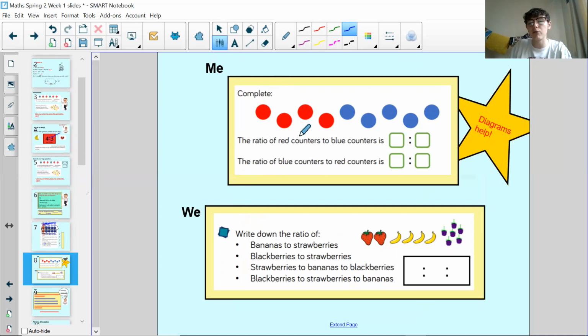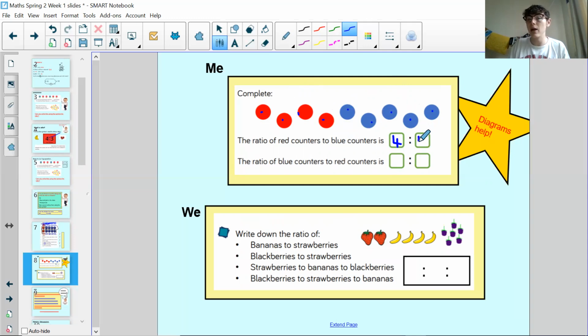So the ratio of red counters to blue counters is, so let's count our red counters. 1, 2, 3, 4. So I'm going to straight away put 4. It's a bit confusing, my pen's blue, I know, but just ignore that. So the ratio of red counters to blue counters is 4 red and how many blue?